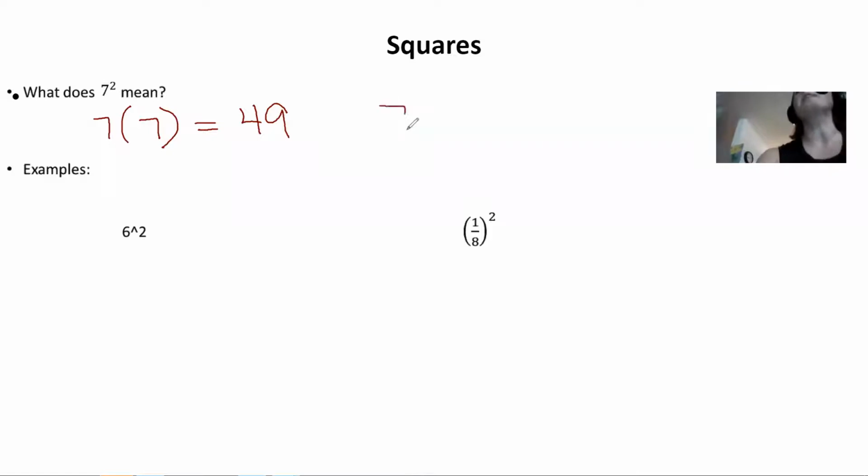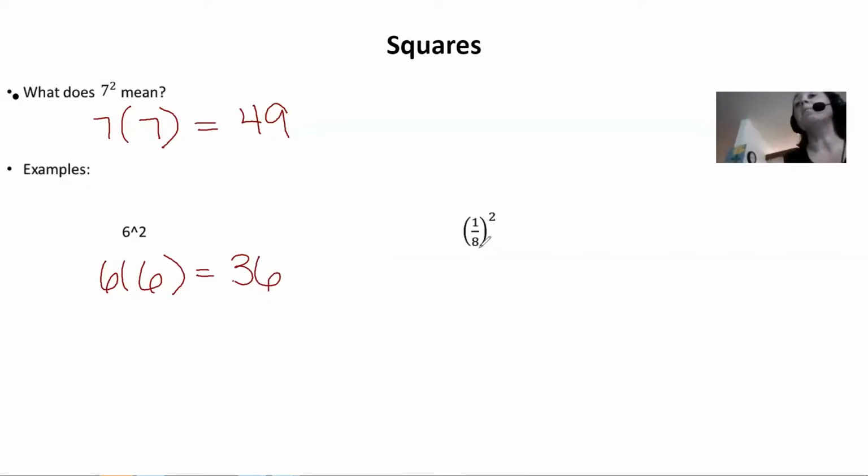We don't want to write 7 times 7 like that because that x could be confused for a variable. We want to start using parentheses to mean we multiply. Okay, another thing here, 6 squared is the same as 6 times 6, which is 36.